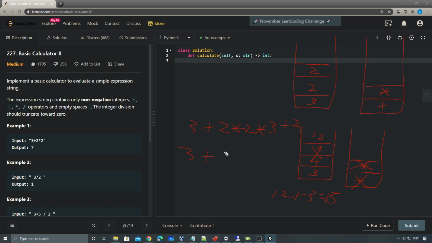So that's the 15. Now we just need to do a plus 2 here.